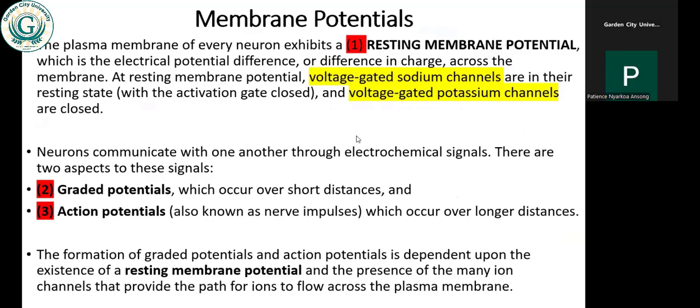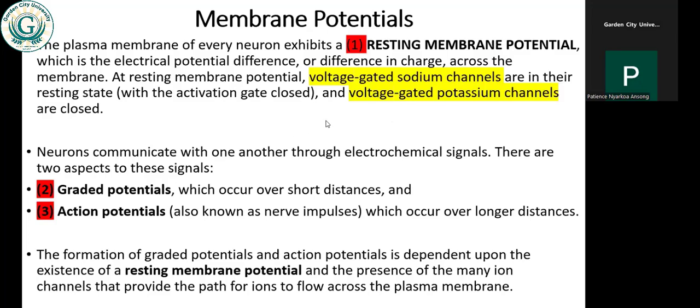Now, across the cell membrane, we have a resting membrane potential. A resting membrane potential is the electrical difference, or the difference in charge, across the cell membrane. And the charges are as a result of the different ions we have in and out of the cell.